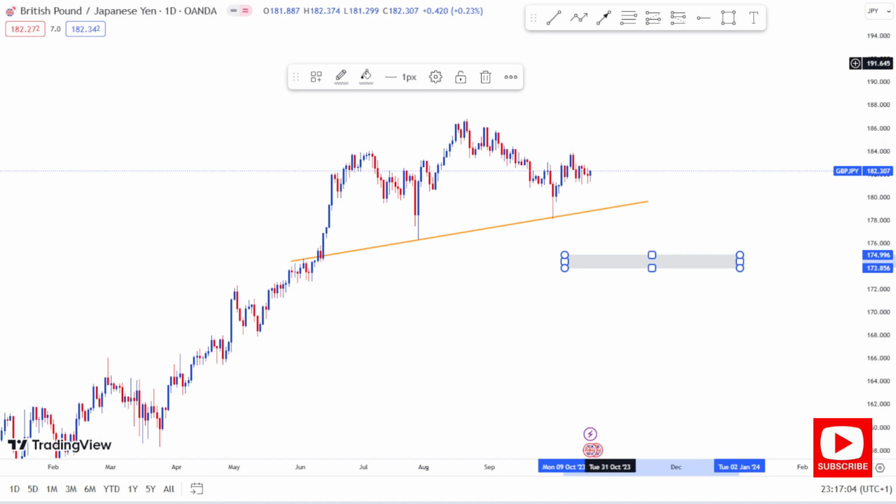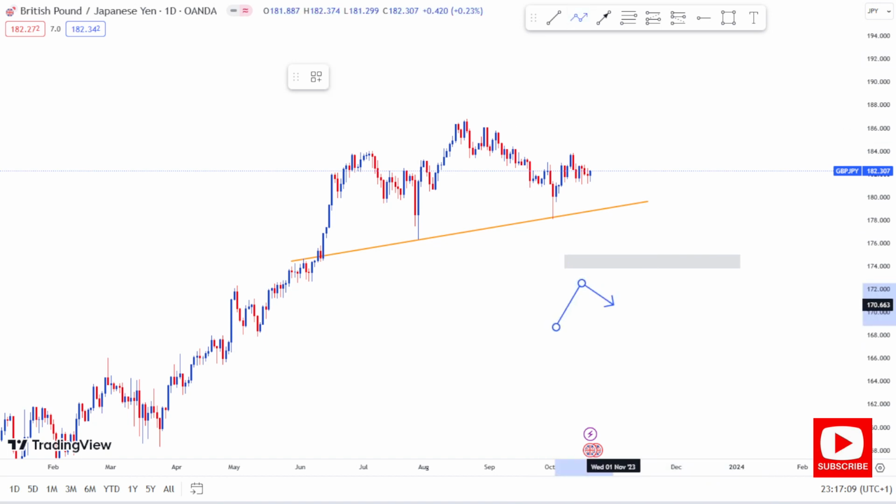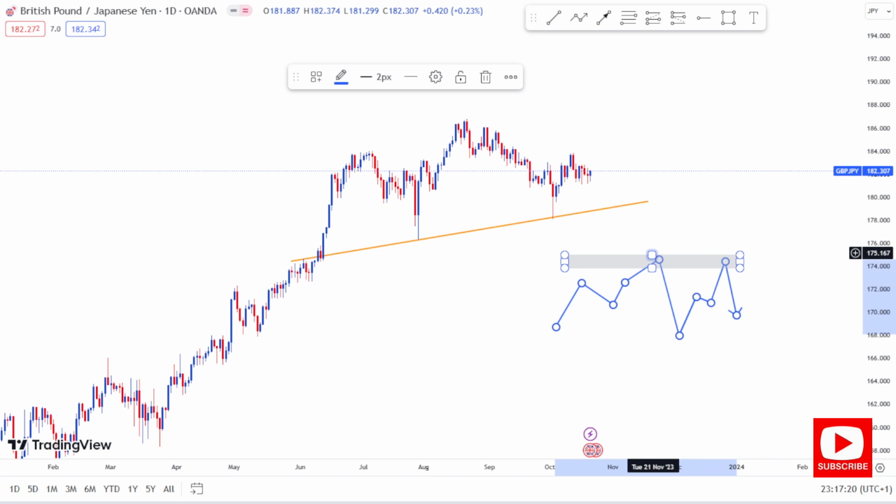So for instance, if we have a support zone right here and price makes highs like this, and there is a wick right here before going down, comes up again, and another wick right here before going down, we know that this zone is really strong.